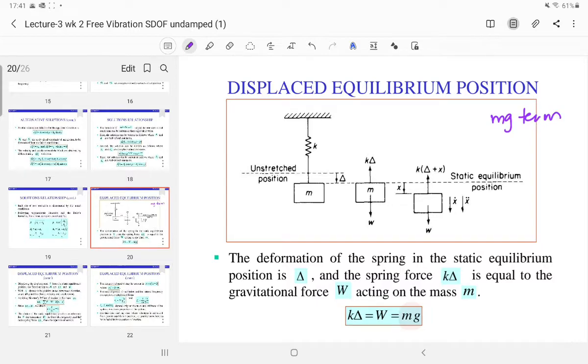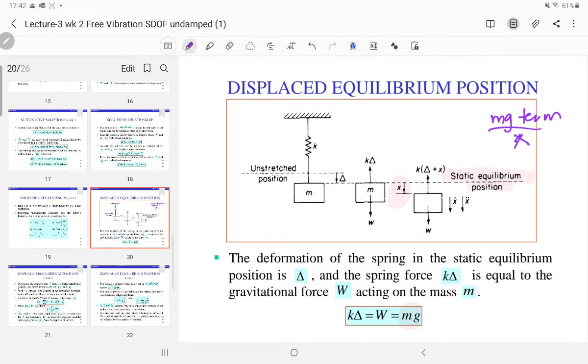I will let you know as we go along, but most of the time we assume that the displacement x is defined from the static equilibrium position. So that is why mg is not considered, or you do not have to write the mg term.